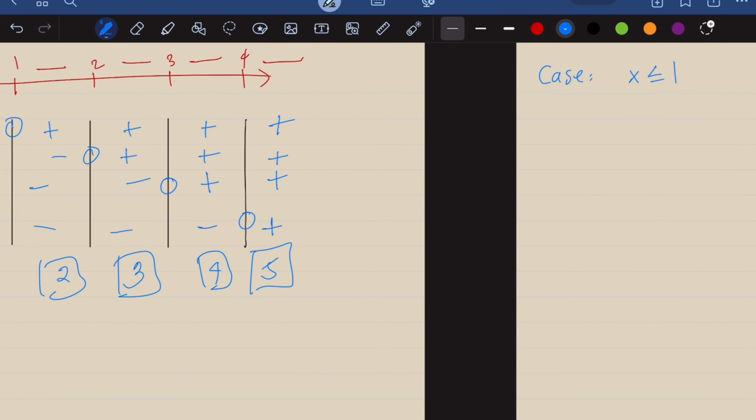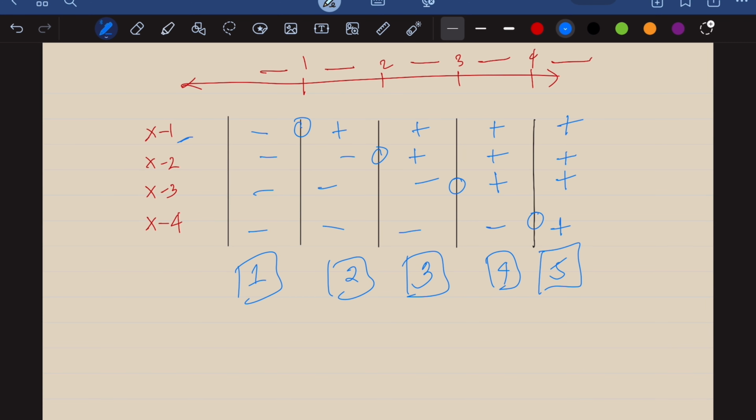Let's consider case 1, when x is less than or equal to 1. Again, we can assign the equal to here or on the other side. Let's just say it's in here. So if you look at our table, all the expressions are negative when x is less than 1.